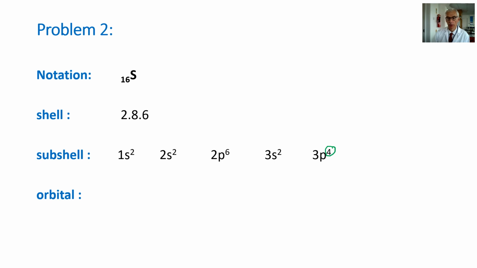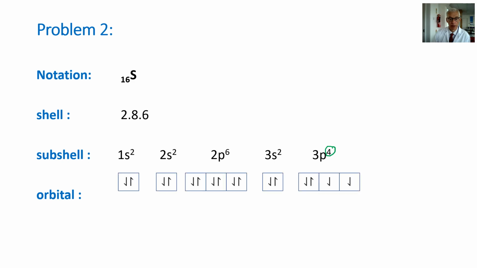Okay, so the numbers of electrons must be written as a superscript, and then the orbital arrangement, like so, and then pair up. So 4 electrons in the 3p subshell for sulfur, 1 electron in the px, 1 in py, 1 in pz, and then you've got a 4th you need to pair up.